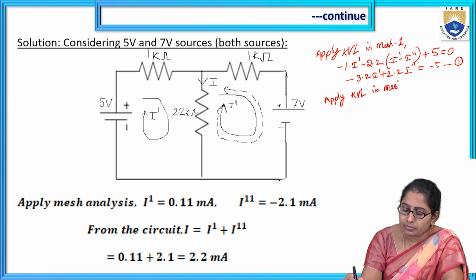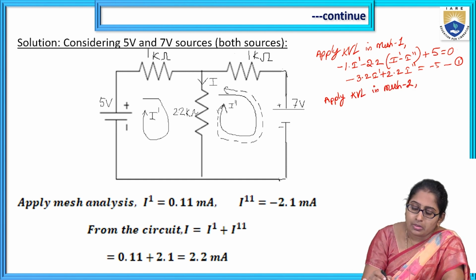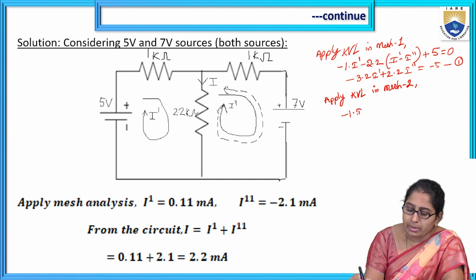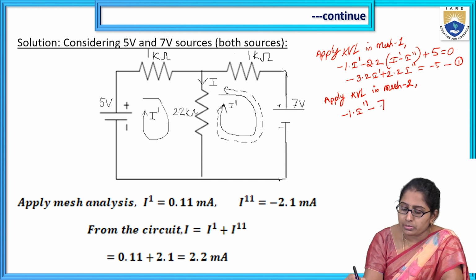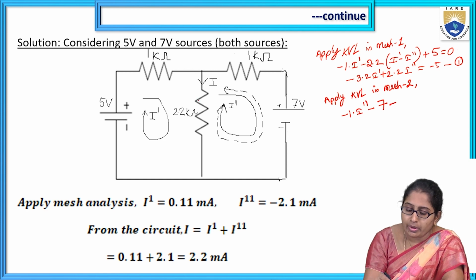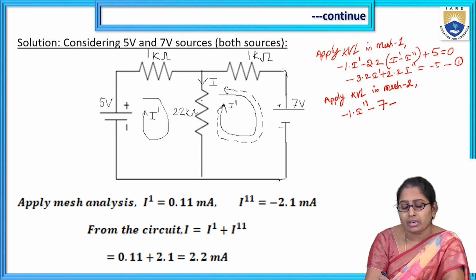in mesh 2. So I start I double dash from here. So minus 1 into I double dash. Next, the element is the voltage source, minus 7. Next, the voltage drop in the 2.2 is taken already. We have taken I dash minus I double dash, and the voltage drop direction is like this.